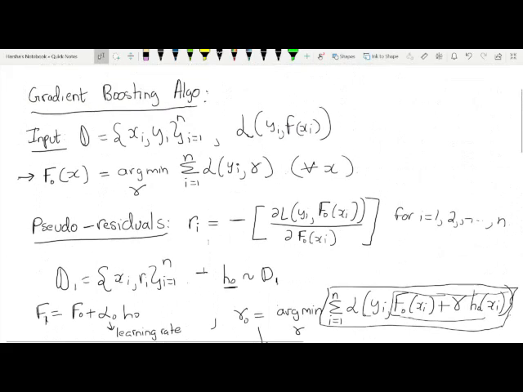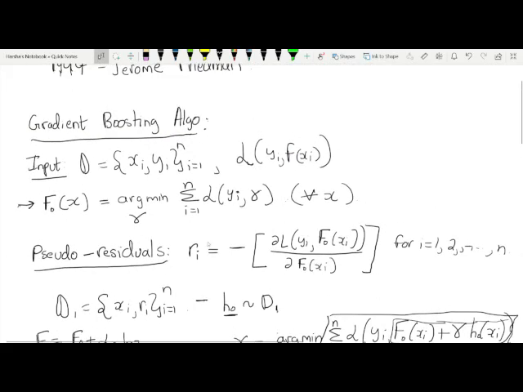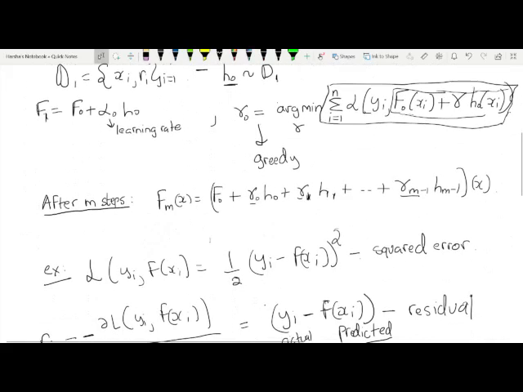And really the only difference in boosting and gradient boosting is the way pseudo residuals are calculated. In our case we use the partial derivative of the loss function. So this is really the key step, and this is the reason why the name gradient is added to boosting. Thank you.